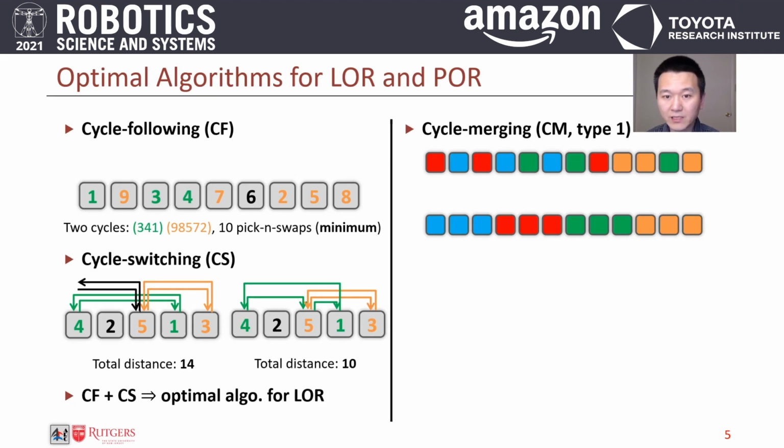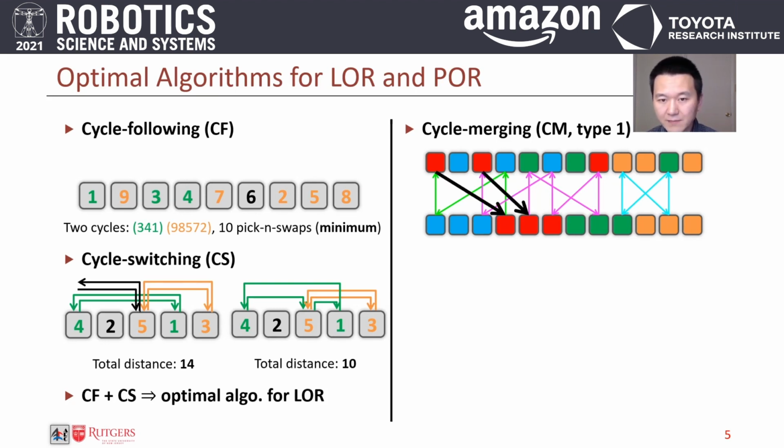For the partially labeled setting POR, we will again solve it by cycle following. However, because an item does not have a unique destination now, the cycles are not unique. Here, we first perform a matching, which induces a set of cycles. These cycles can be merged to reduce the number of pick and swaps.